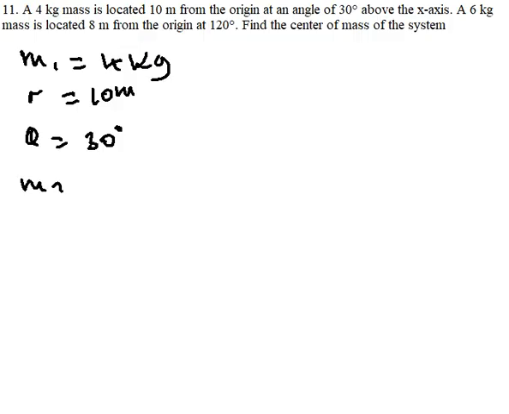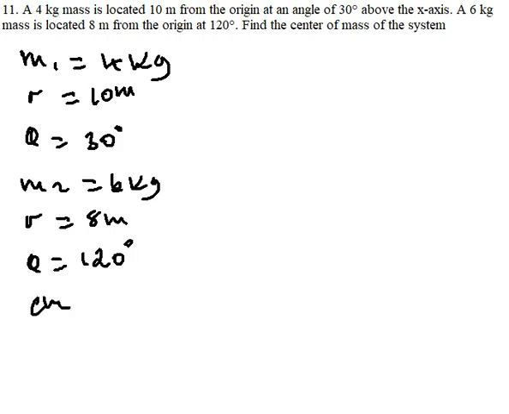And we have another mass, mass 2, which is 6 kgs, at a distance of 8 meters at an angle theta of 120 degrees. We should have the center of mass of the system.